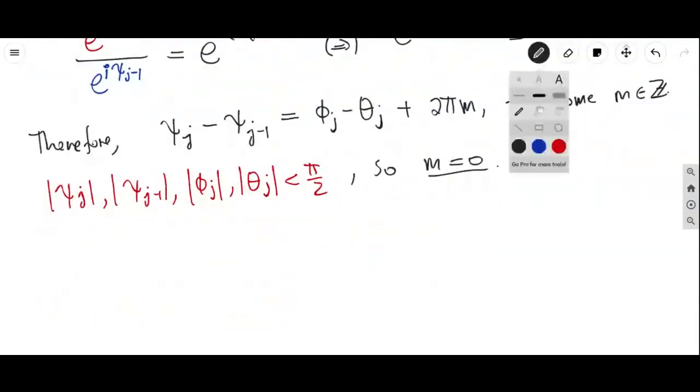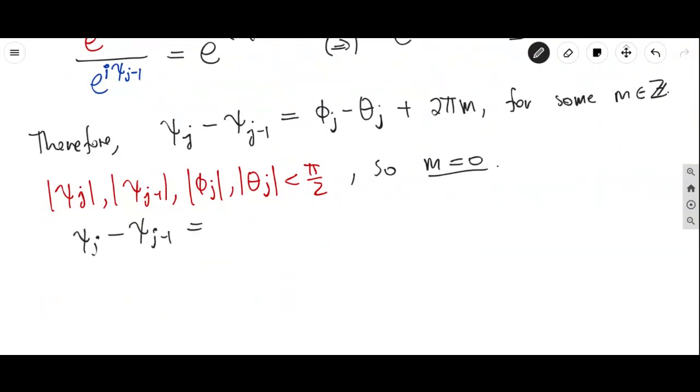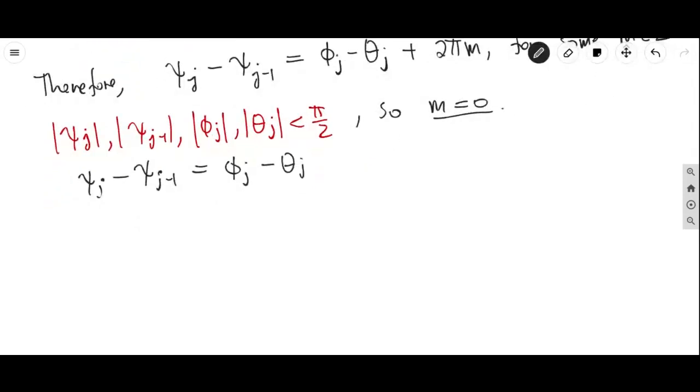And so the relationship that we get is that cj minus 1 is equal to theta j is equal to phi j minus theta j. That's the relationship. Now we can find the winding number. So here's how you find the winding number. Now let's take the sum of both sides.